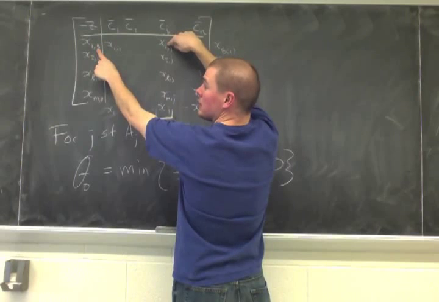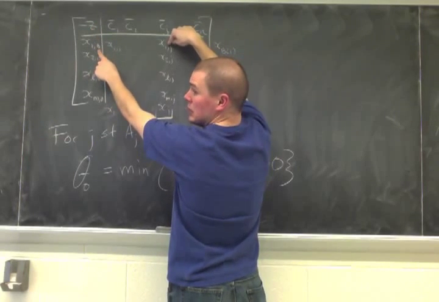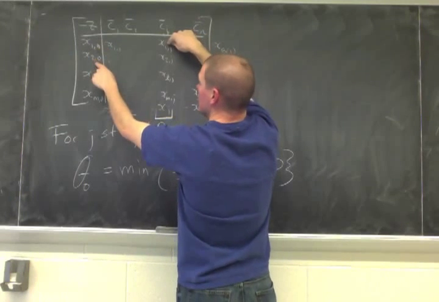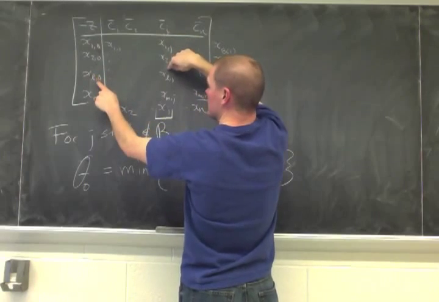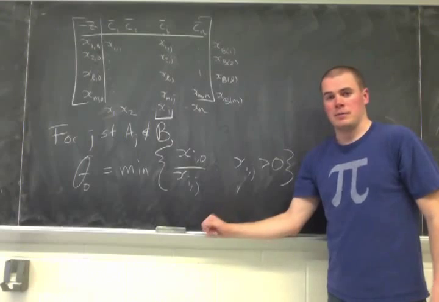If it's strictly positive, take the entry of the 0th column in that row divided by this entry. And I'm going to do that for each row, and then take the minimum such value.